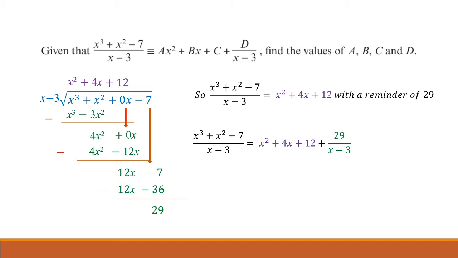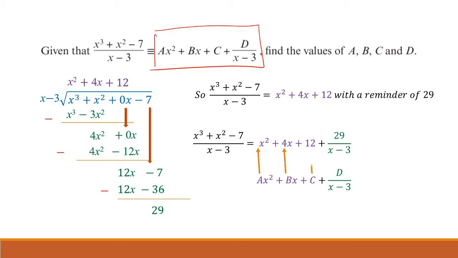Now once you get that as a mixed fraction, we can equate it to this part of the equation to find the unknowns a, b, c and d. So all you need to do is equate the coefficients to get the answer. So here we have a is equal to 1, b is equal to 4, c is equal to 12 and d is equal to 29.